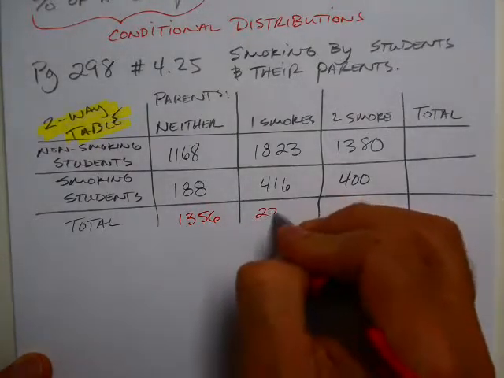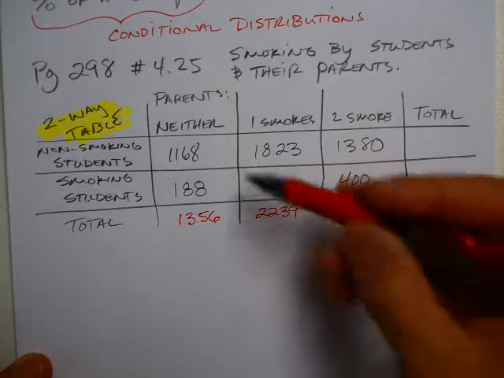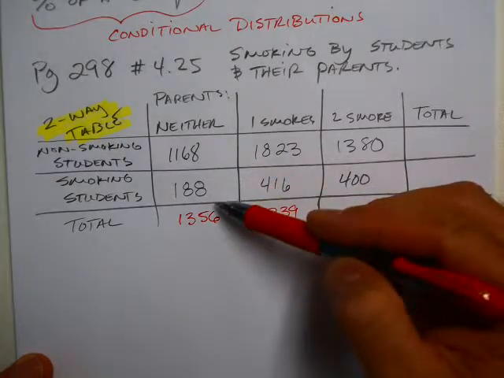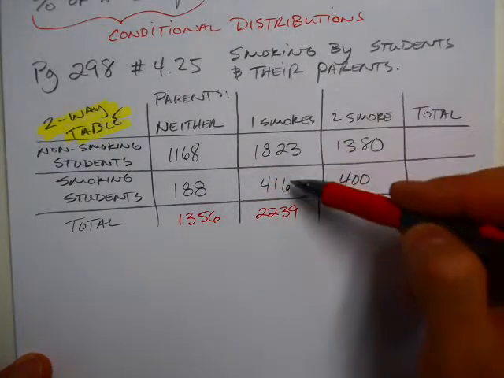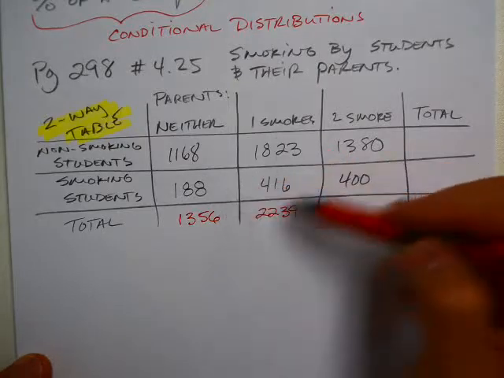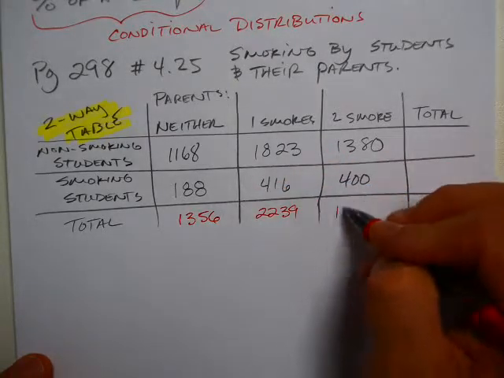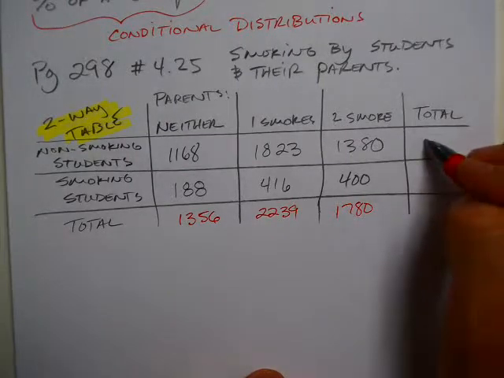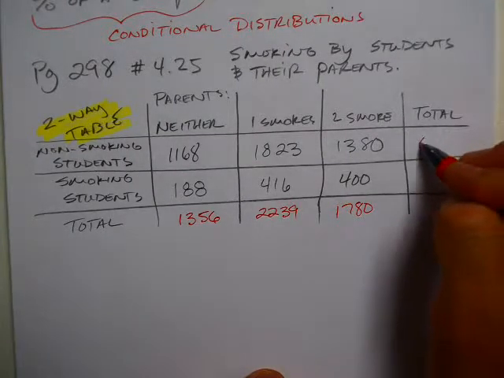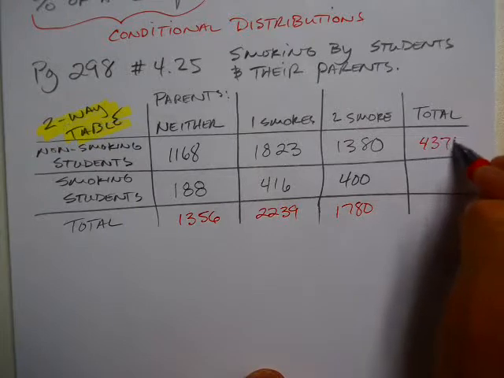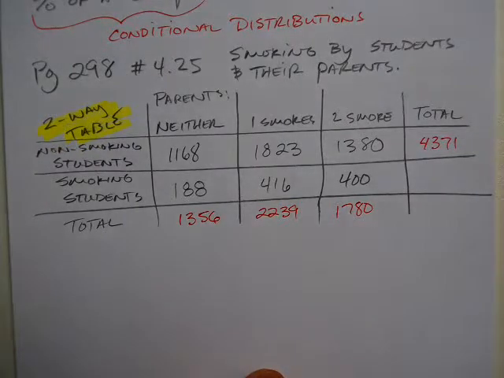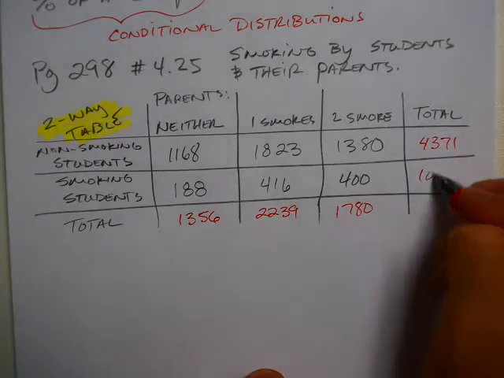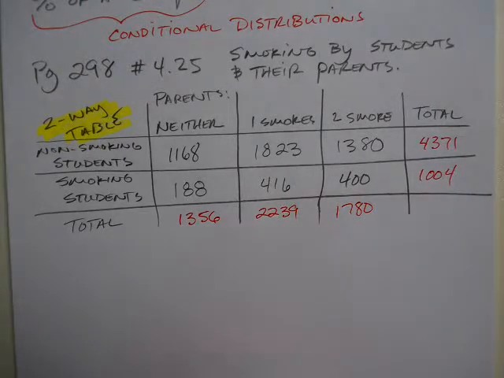This is 2239. So what I'm doing is adding the 1168 and the 188, the 1823 and the 416. So these are the total of the columns. 1780. Over here, this is a total of the top row, 4371. Excuse me, and 1004.